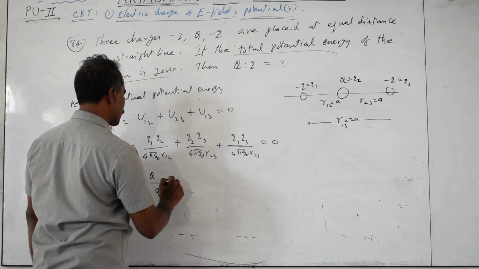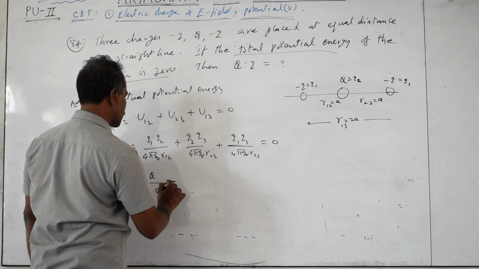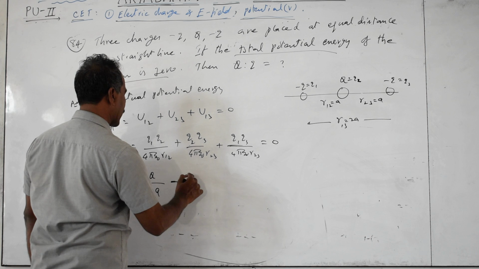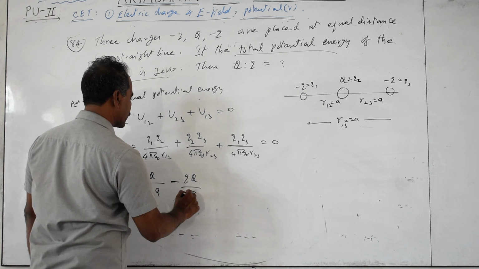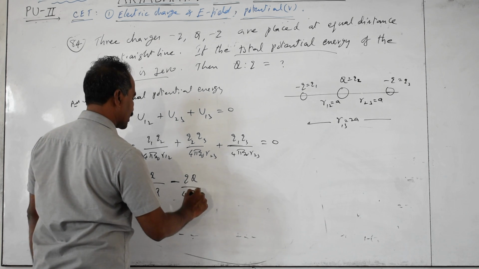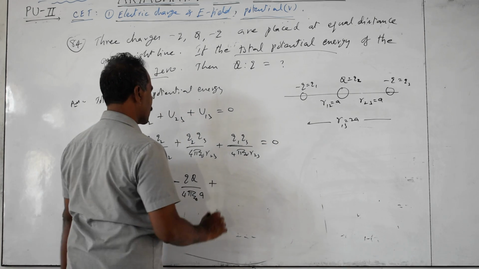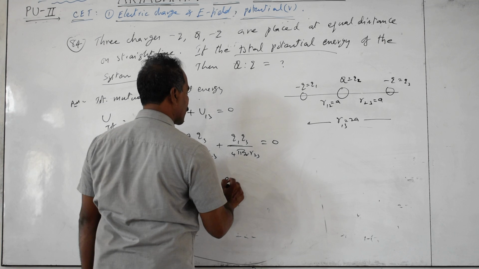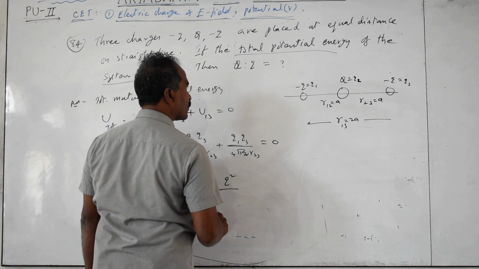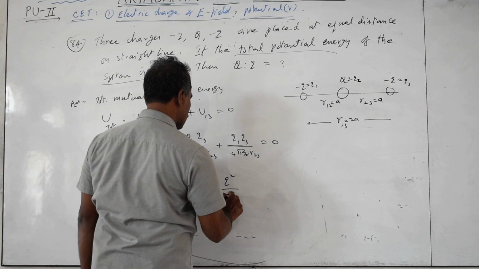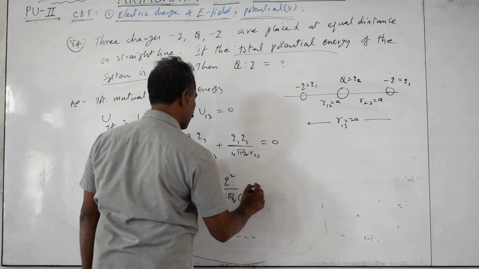Q2 is capital Q and Q3 is minus q, so it becomes minus Q q again by 4 pi epsilon naught into R23 which is also a, plus minus into minus becomes plus q into q, q square by 4 pi epsilon naught into 2a, equal to 0.